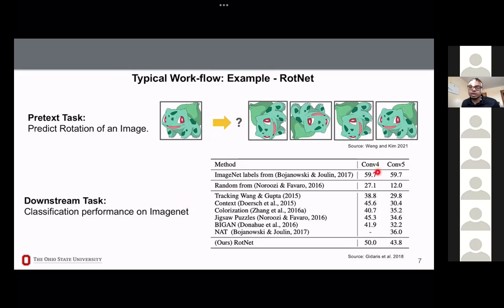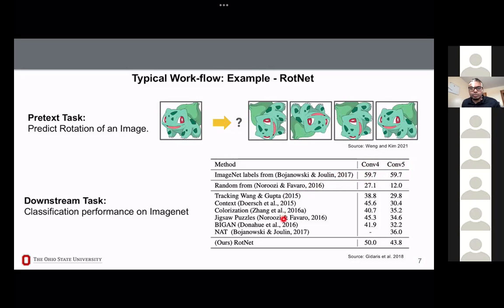This is, by the way, a 1000-class classification, so 59.7 is pretty good performance. The Conv4 and Conv5 just refer to which layer's features were used. There were 5 conv blocks, and they built a classifier on the 4th convolutional block and the 5th convolutional block, and compared the performance. So for the supervised task, both were the same.